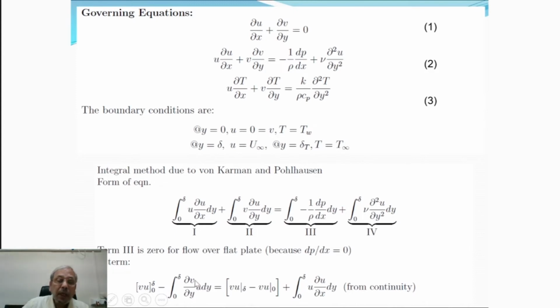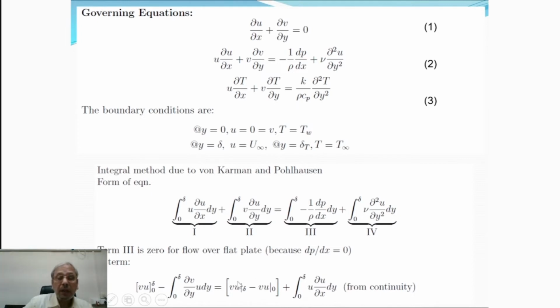But we can now substitute del v del y by minus del u del x, which comes from the continuity equation. The continuity equation is del u del x plus del v del y equal to 0, so del v del y is minus del u del x. So this becomes plus 0 to delta u del u del x dy.